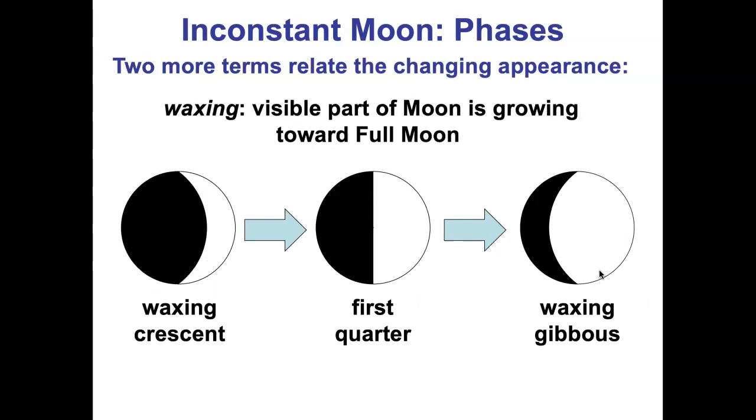A couple more pieces of vocabulary. When the moon is getting brighter from day to day, the moon is said to be waxing. So when you go from crescent to quarter to gibbous to full, the moon is getting brighter, brighter, brighter, full, right? The moon is said to be waxing.